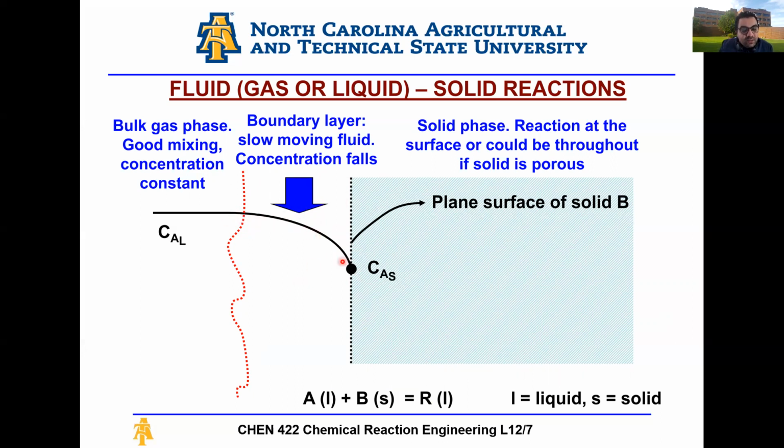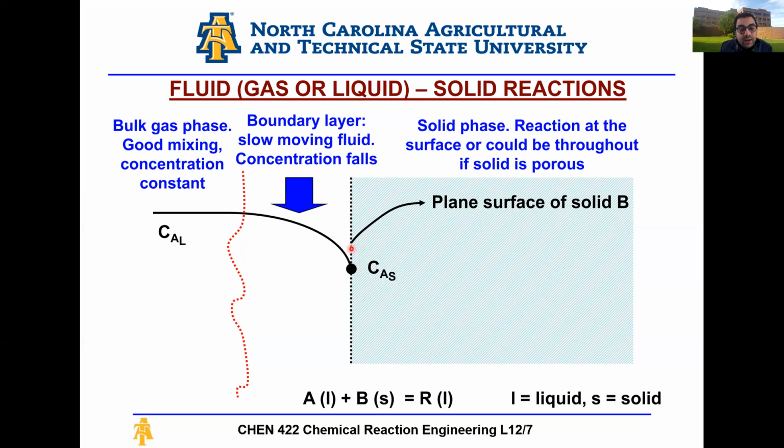So once it gets through the boundary layer, I hit the surface of the solid, and I have two concentrations. This is the concentration of my oxygen on the surface of the solid, and this diffusion here depends on your diffusion coefficient, your Henry's law, your mass transfer coefficient. How fast, or how effectively, will this molecule get absorbed into the solid?